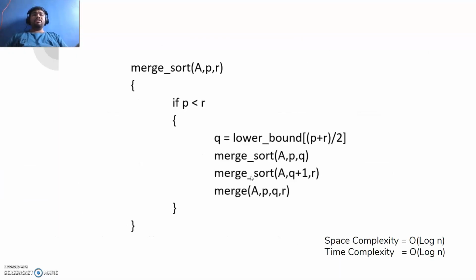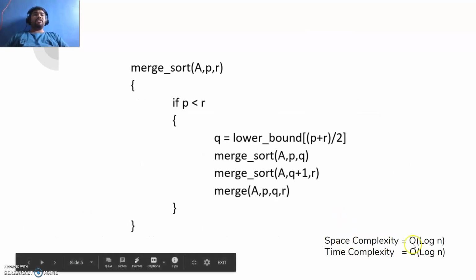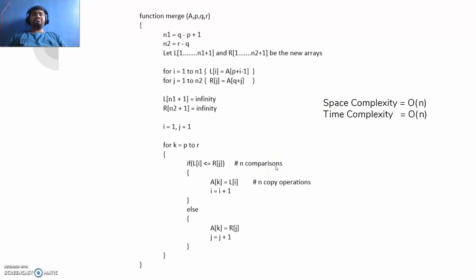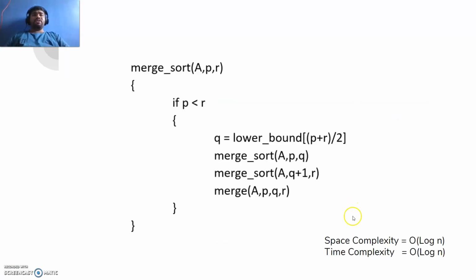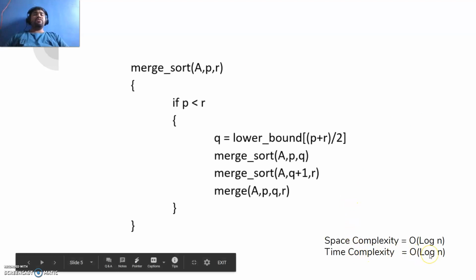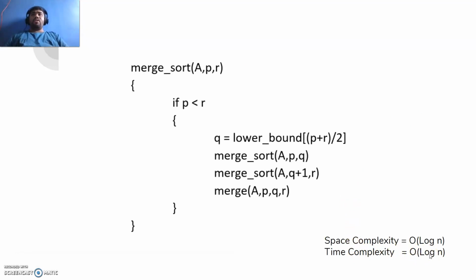So we can clearly state that the space complexity is log n and the time complexity is log n for the merge sort function. Now we clearly know that for the merge function, the time complexity is n. For the merge sort function, the time complexity is log n. So the total time complexity would be n log n. So the time complexity for the entire merge sort is n log n.